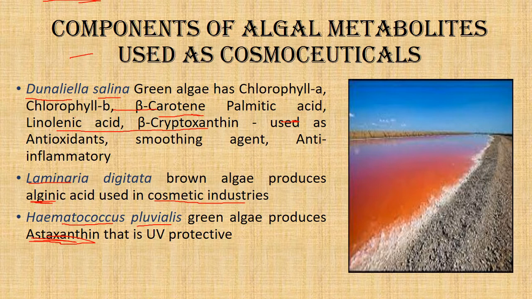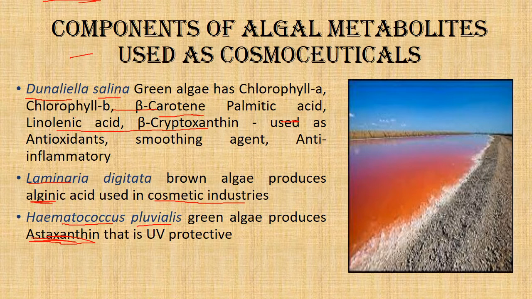These are the components: beta carotenes, linolenic acid, and beta cryptoxanthin, along with provitamin A and D, which I haven't mentioned here, but it is also a good source of provitamins. And these different types of carotenoids are used as an antioxidant, as a smoothing agent, and as a revitalizing agent in skincare products.